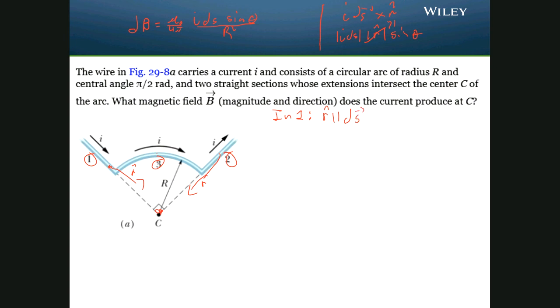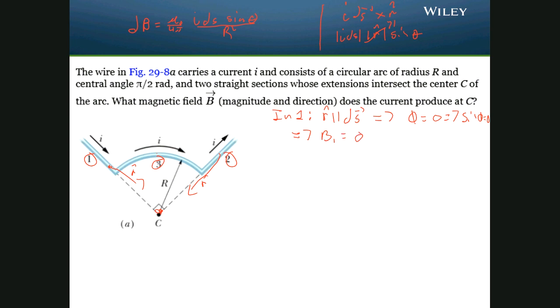This implies that phi equals 0, which implies sine phi equals 0, or sine theta, it doesn't really matter. And this eventually implies that B1 is equal to 0.